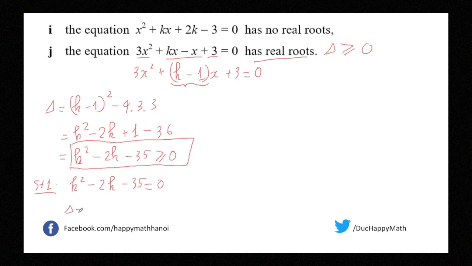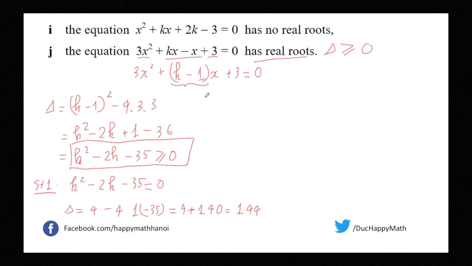This means you have to find the delta. Delta is 4 minus 4 times 1 times minus 35. So 4 will be plus 140, which is 144.